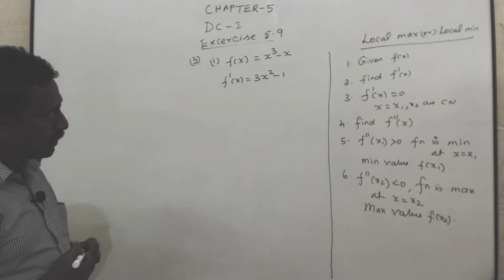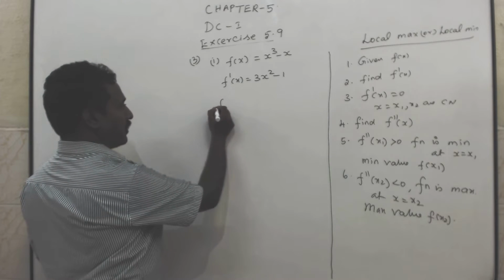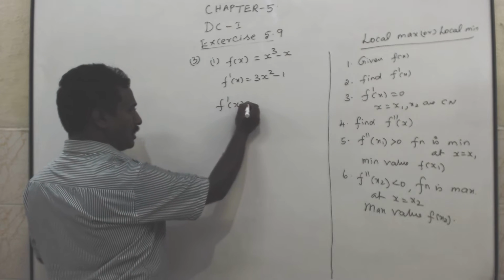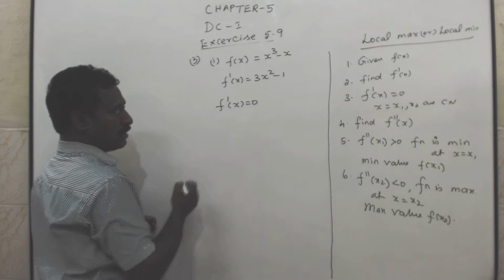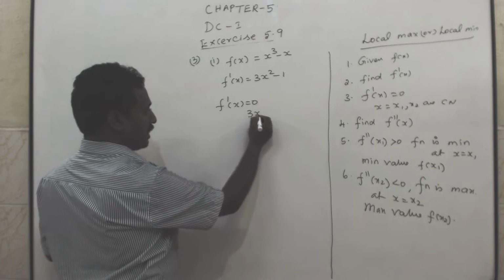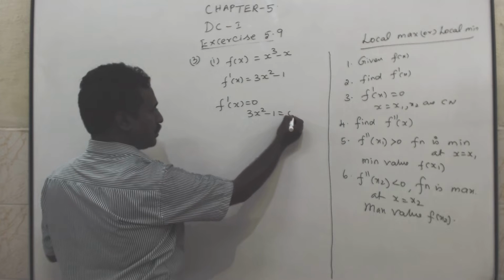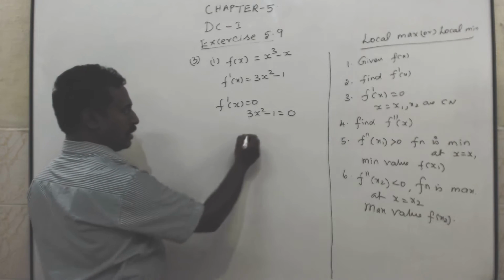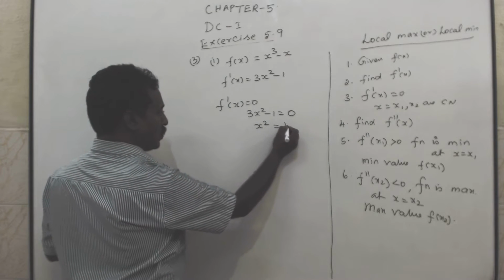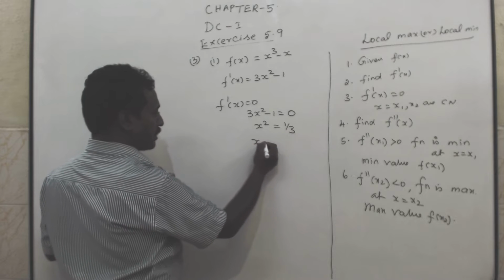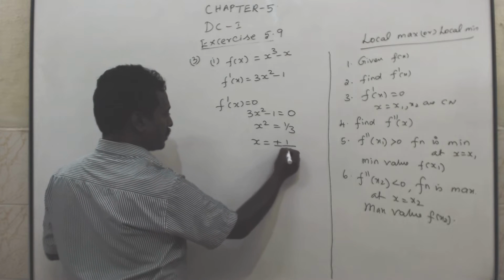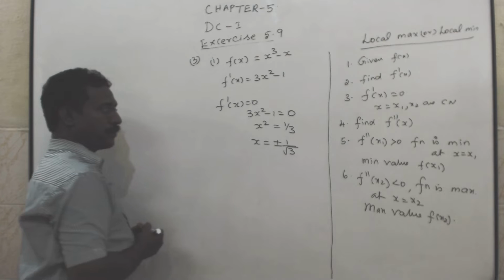What is the next step? f dash of x equal to 0. That means 3x square minus 1 equal to 0. x square equal to 1 by 3. x is equal to plus or minus 1 by root 3.